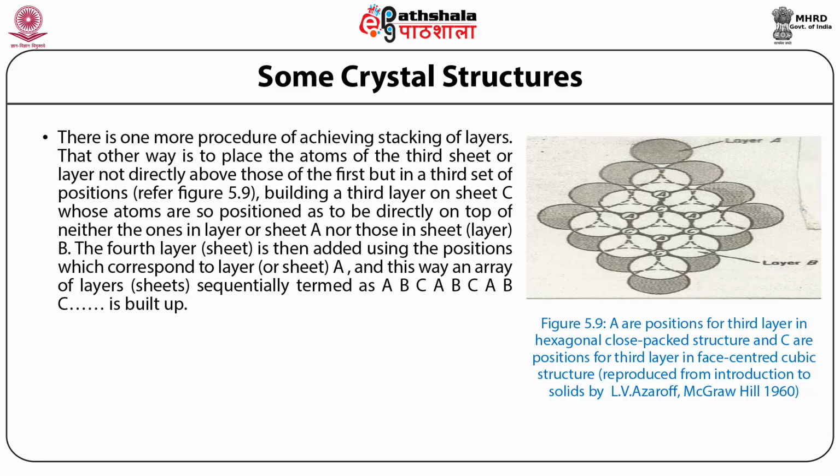That other way is to place the atoms of the third sheet or layer not directly above those of the first, but in a third set of positions, as in figure 5.9, building a third layer or sheet C whose atoms are so positioned as to be directly on top of neither the ones in layer A nor those in layer B. The fourth layer is then added using the positions which correspond to layer A, and this way an array of layers, that is the sheets sequentially termed as A, B, C, A, B, C, A, B, C, and so on, is built up.